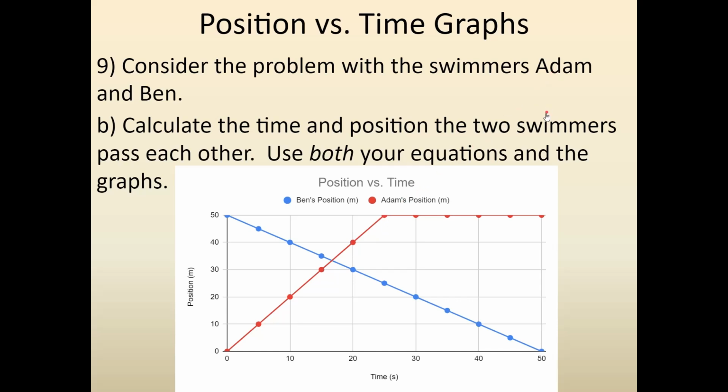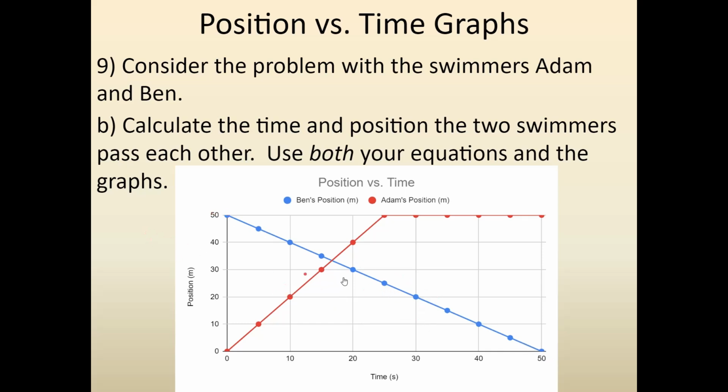But we know that the pool actually has a maximum size, so once Adam gets to 50 meters, his position should actually just stop there. He reaches the other side of the pool, so it shouldn't be increasing or changing at all from there. And then we have Ben going from 50 all the way down to 0, the other end.